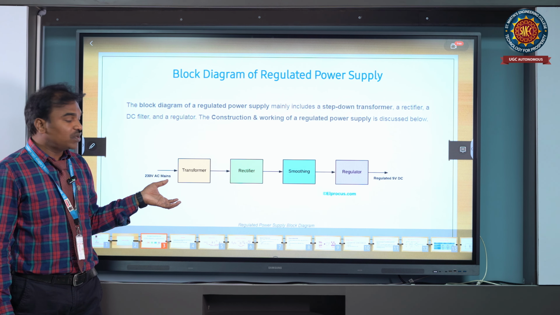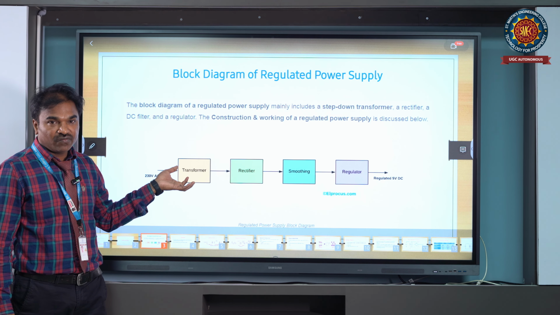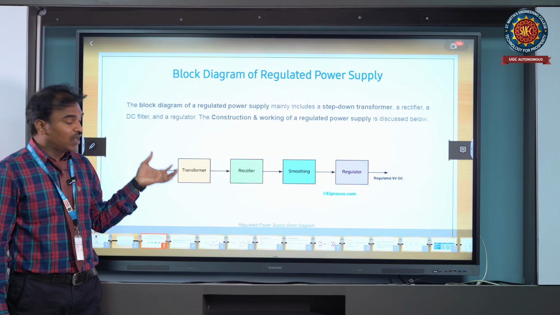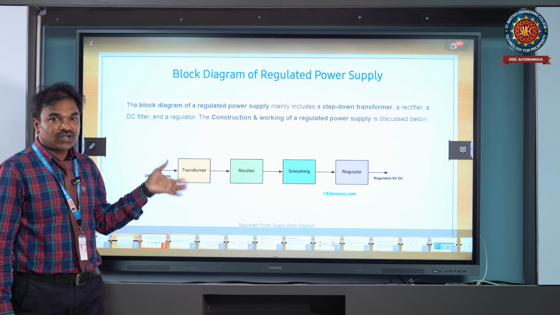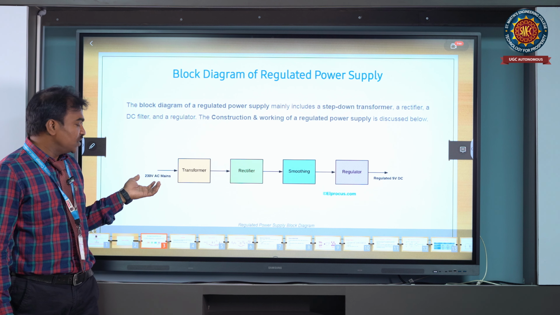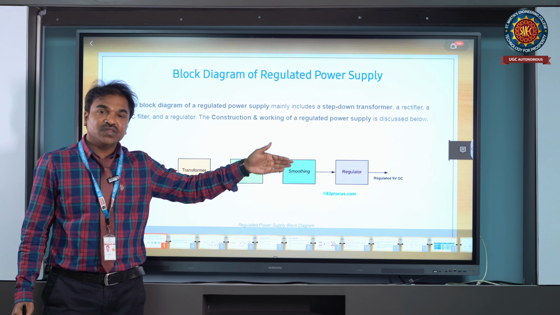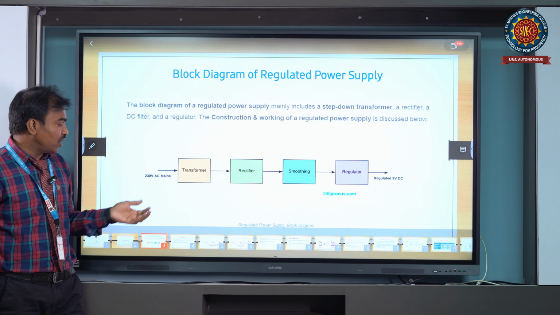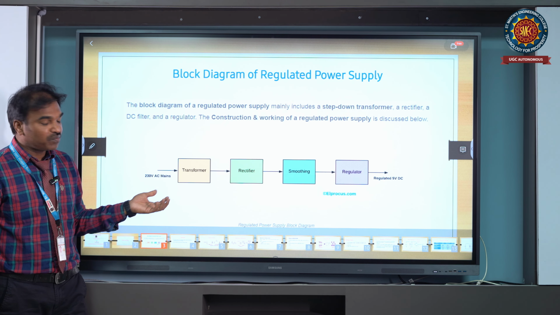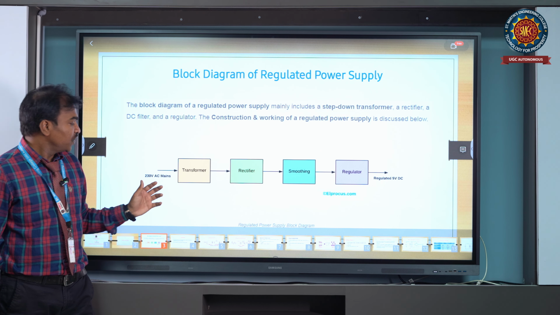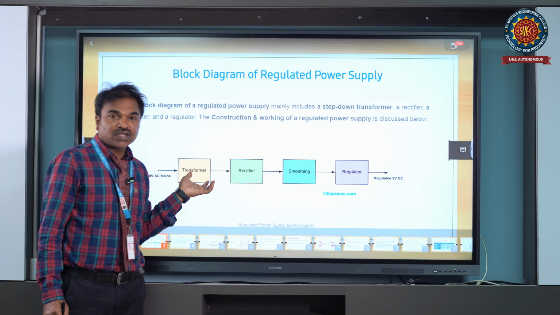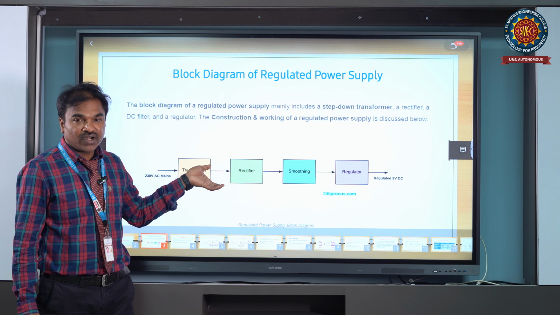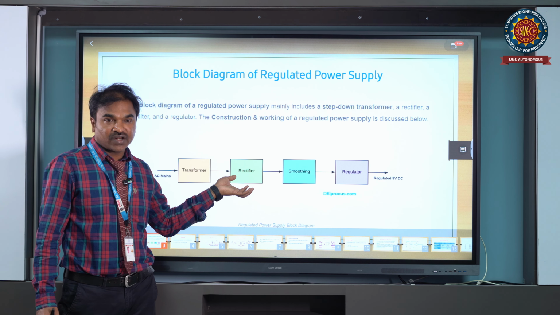Here we are using a step down transformer, not increasing the voltage level but decreasing it, so that the 230 volts becomes a DC voltage of maybe 15 volts or 5 volts depending upon our requirement. This 230 volts is converted into a lower voltage, which is then applied to the rectifiers.